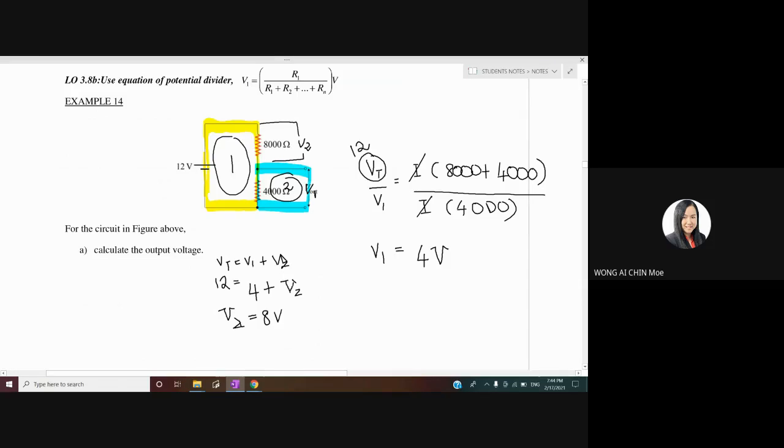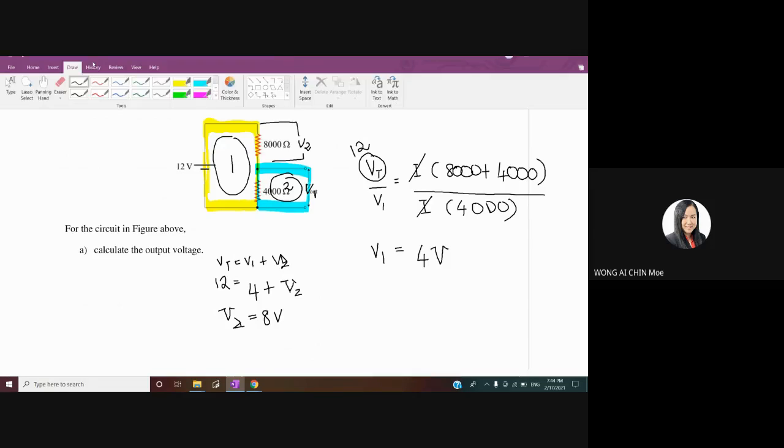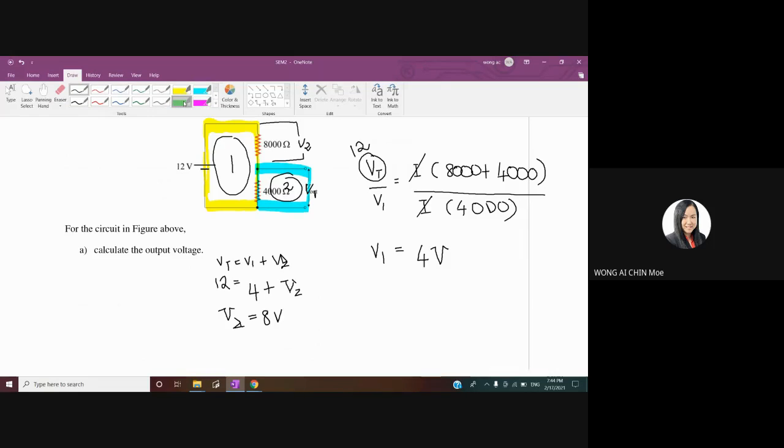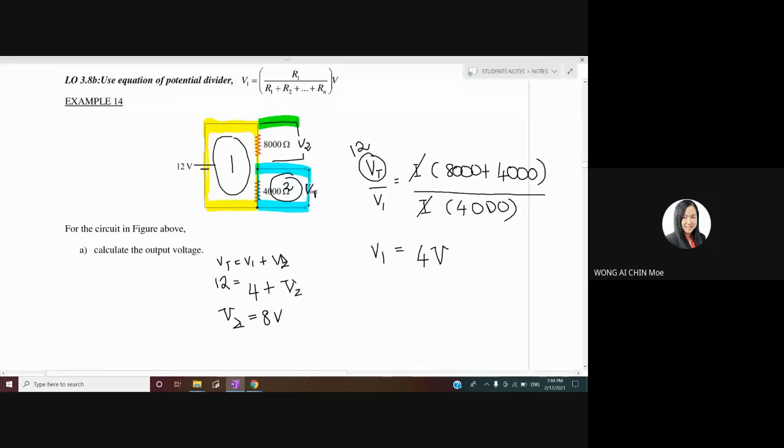Ratio meaning that we take the big loop and the small loop. You also can do a ratio. So this is another ratio we can do, where we compare yellow and green. If, let's say, you want to find V total over V2, V total is 8,000 plus 4,000, the total resistor.